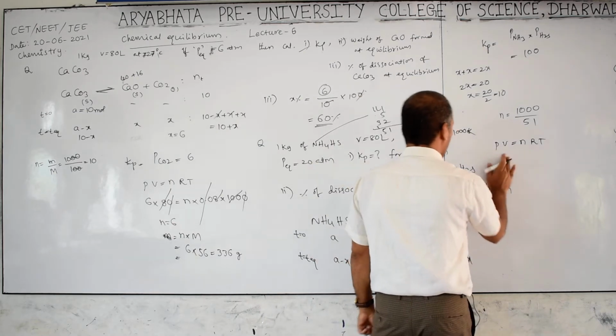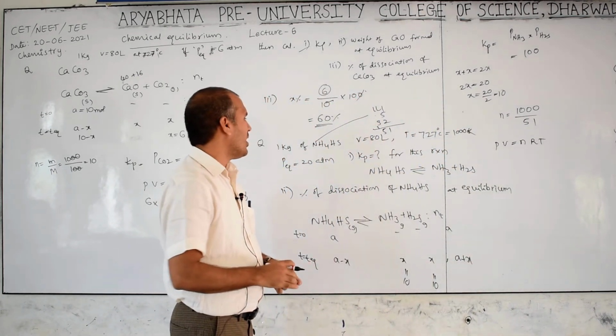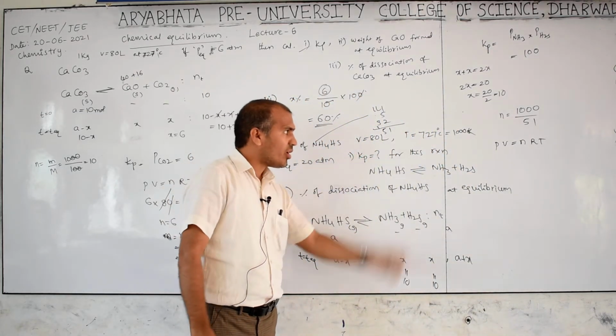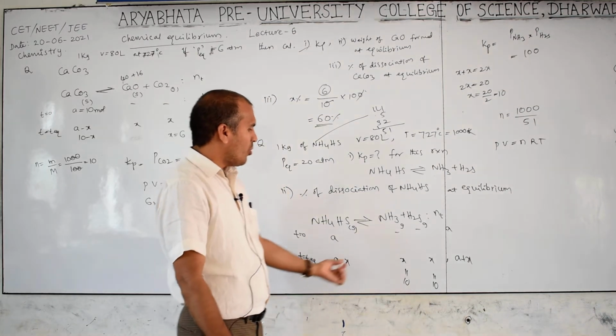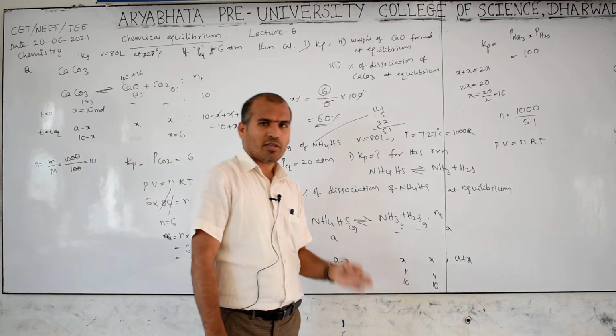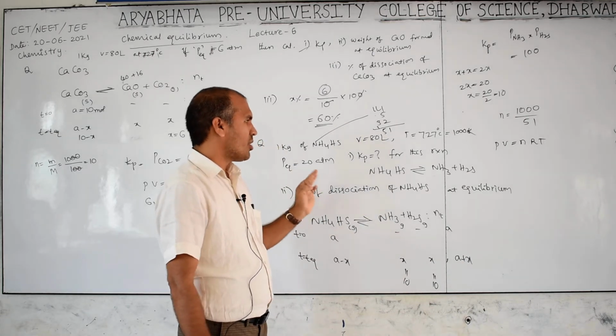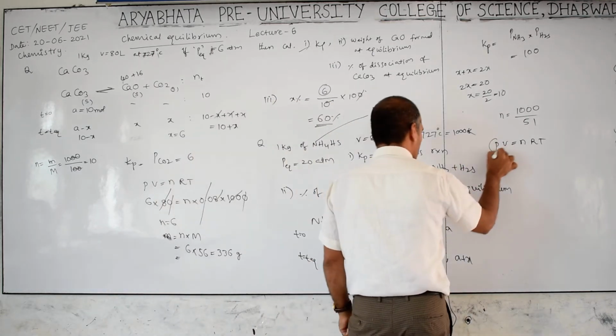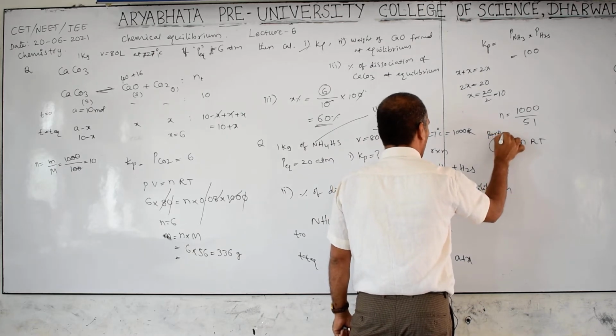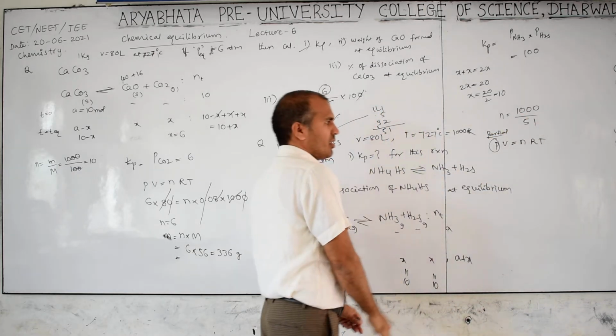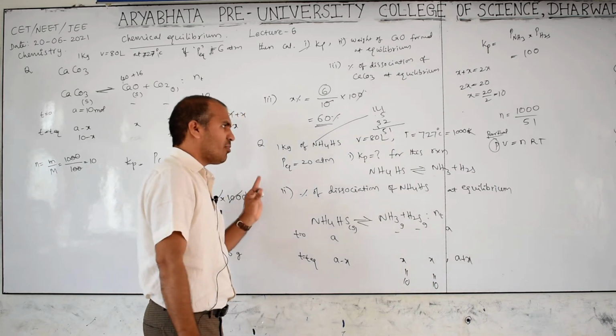Now you will get confused. One thing I will tell here: do I have to take the equilibrium pressure value, or only the partial pressure? This is 100% true: always you have to take only the partial pressure in this equation, otherwise you will get a different answer. Therefore always take the partial pressure.